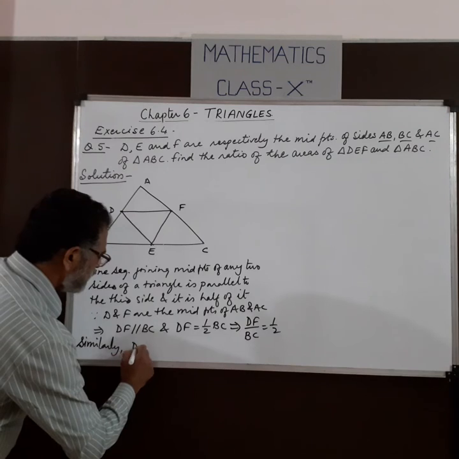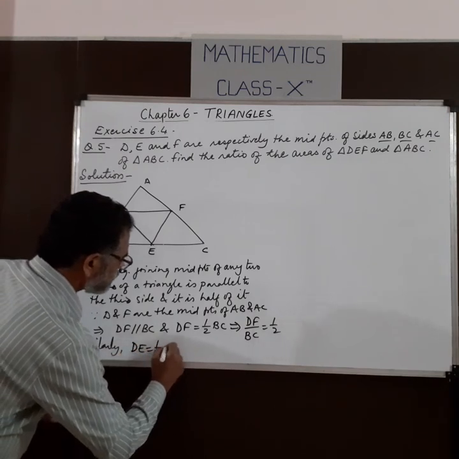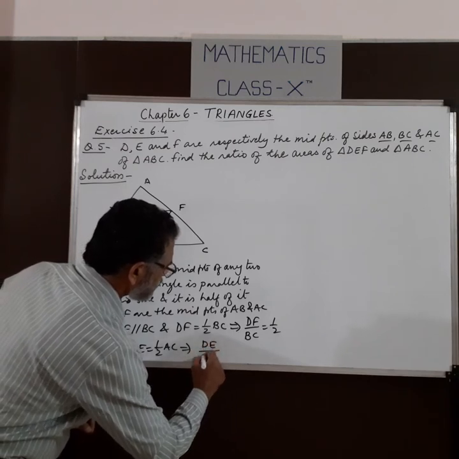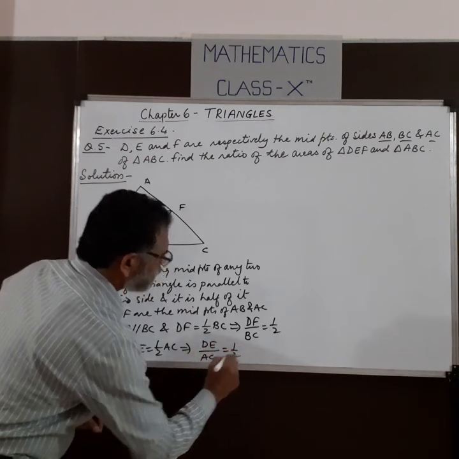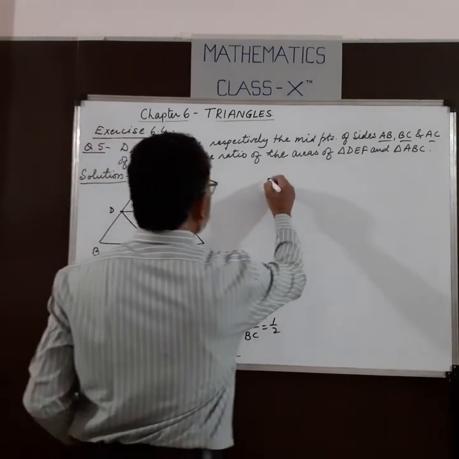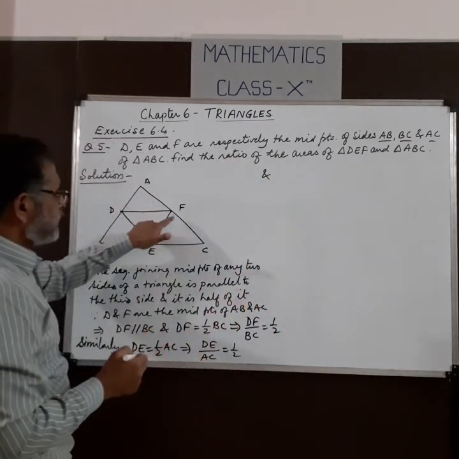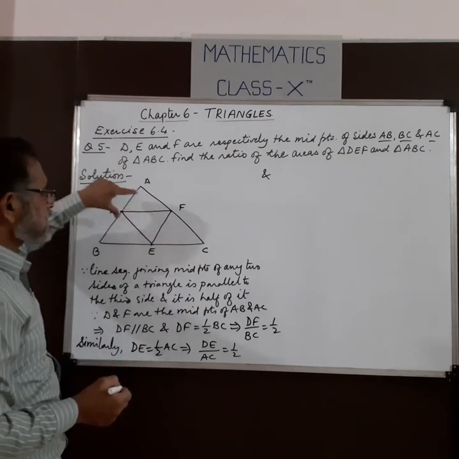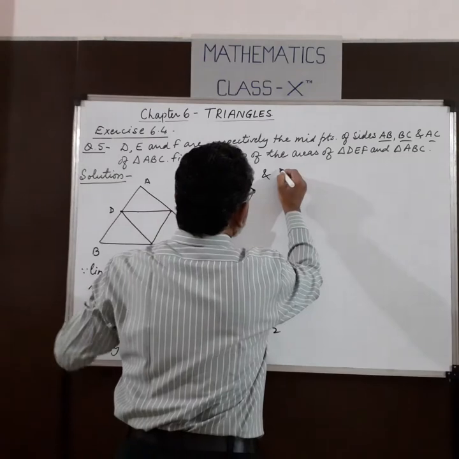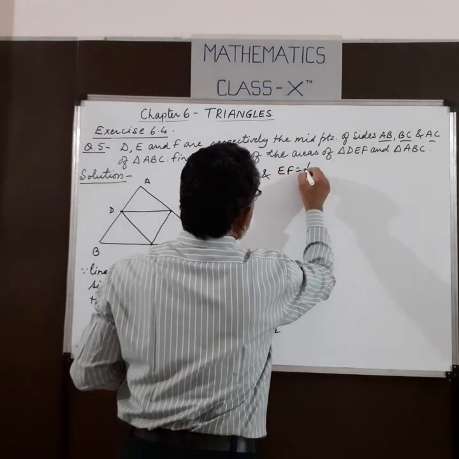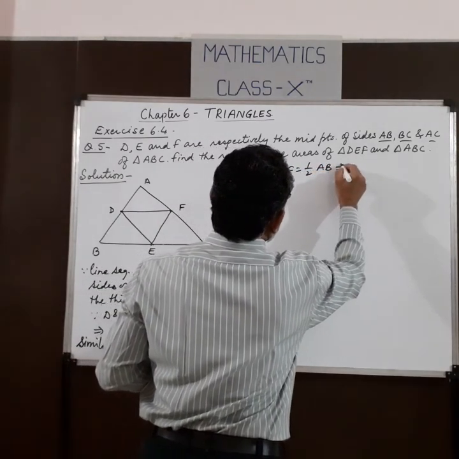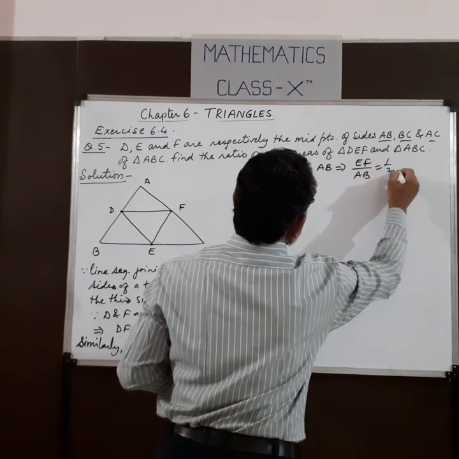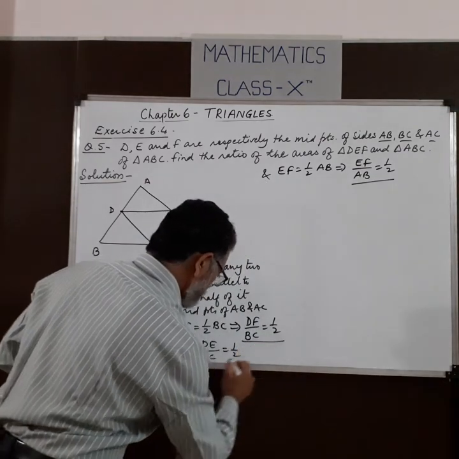This gives DE upon AC is half. And for E and F, EF will be parallel to AB and EF is half of AB. This gives EF upon AB is 1 by 2. Look at these ratios.